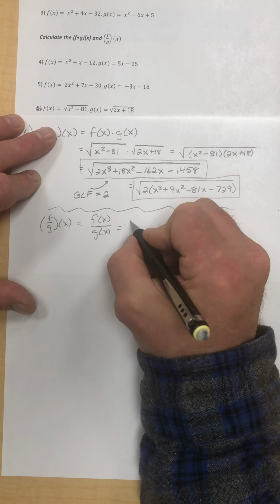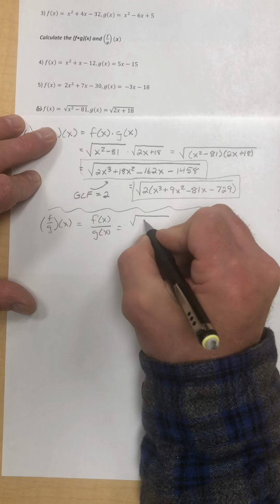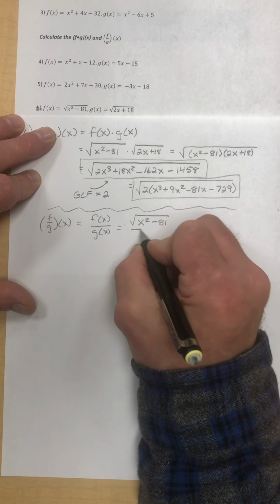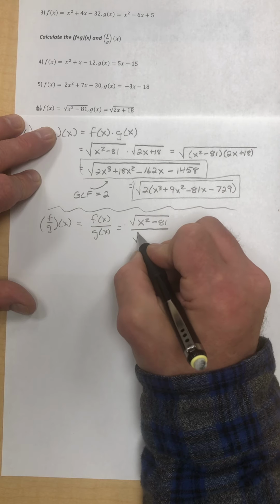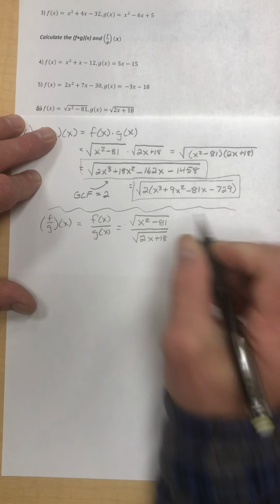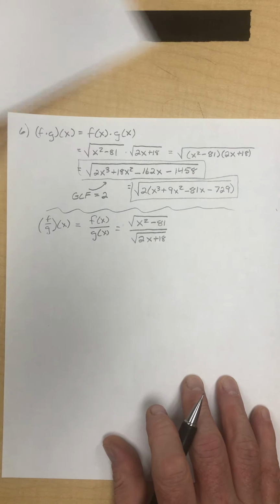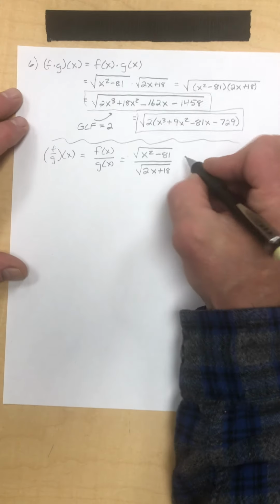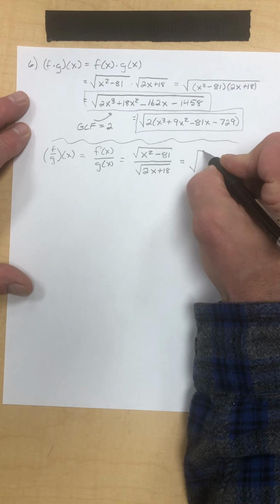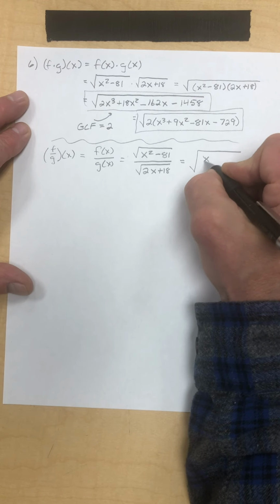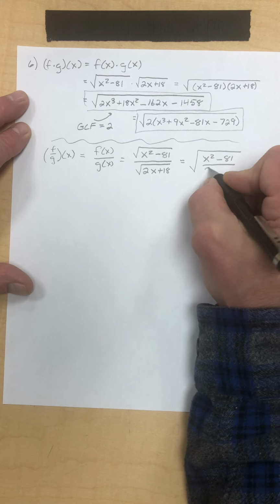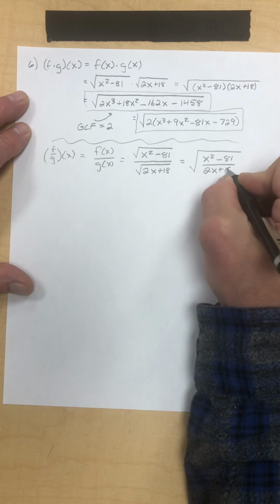Okay, so I'm going to get the square root of x squared minus 81 over the square root of 2x plus 18, like that. Okay. Well, we apply the quotient rule for square roots. So that's the square root of x squared minus 81 all over 2x plus 18.